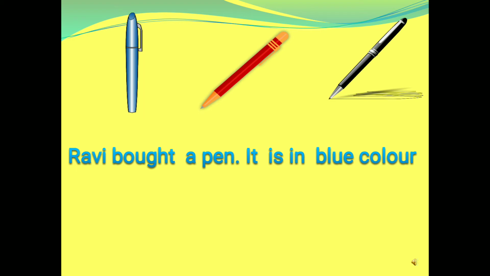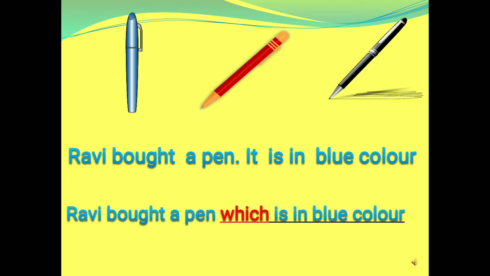Here also there are two different sentences. While combining these sentences, it is: Ravi bought a pen which is in blue color. Here two independent sentences are combined into a single sentence, and the word it is replaced by which, and here which is called relative pronoun, and the word which represents here the pen.